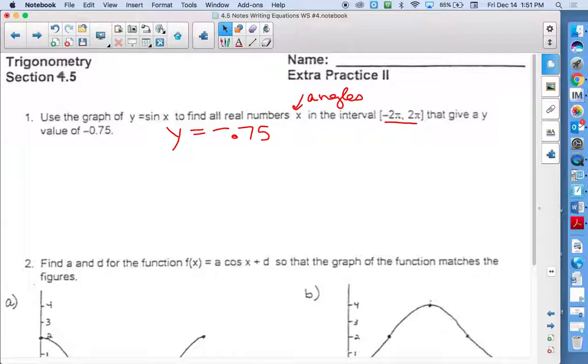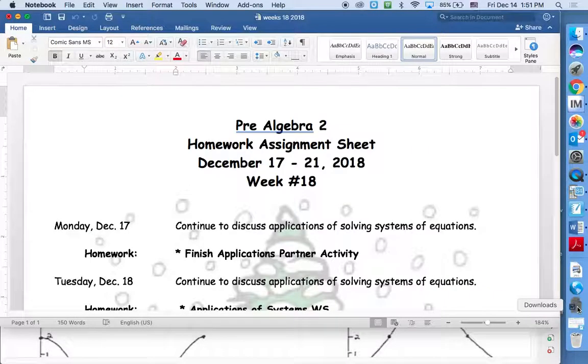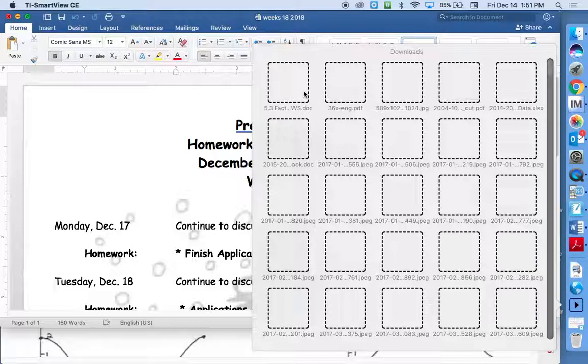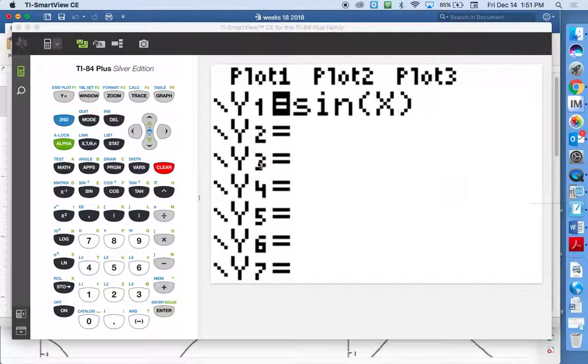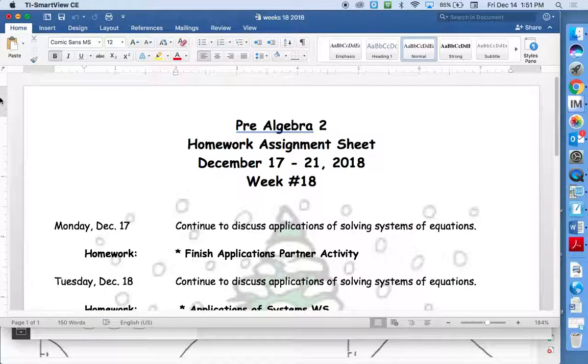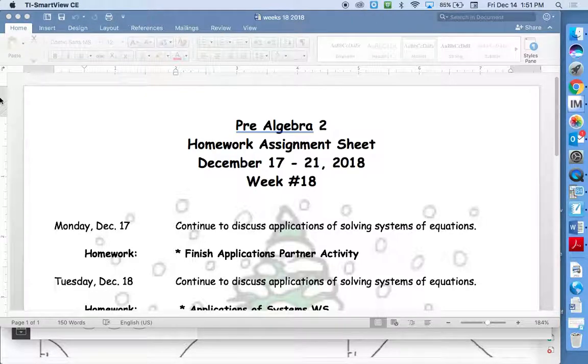So I want you to type in sine x, using the sine function.